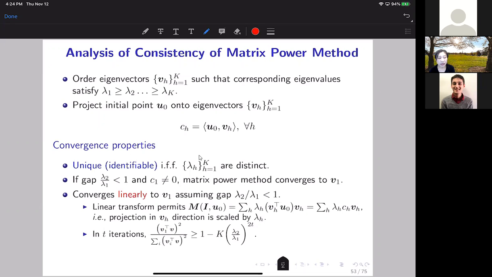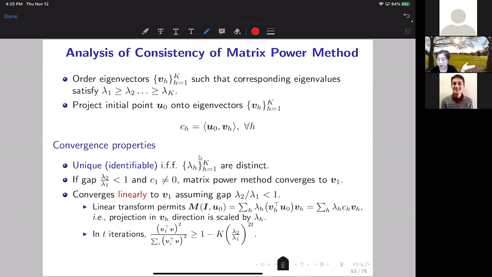Now, the second property is that if the gap lambda 2 over lambda 1 is smaller than 1 and C1 is not 0, and actually this happens almost surely, with probability 1, then the matrix power method converges to V1, the leading one. V1 is the one corresponding to the largest lambda 1.